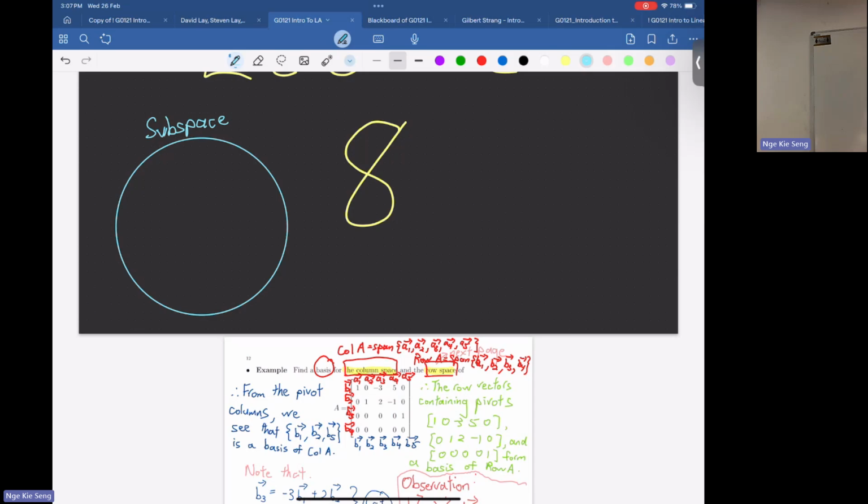Yes, you are true, but it depends on the dimension. If the dimension is more than 4, we cannot draw it. So in general, you just think of a subspace as some ball like that. And then how to look for the basis? The basis is something inside here that is linearly independent and spans.